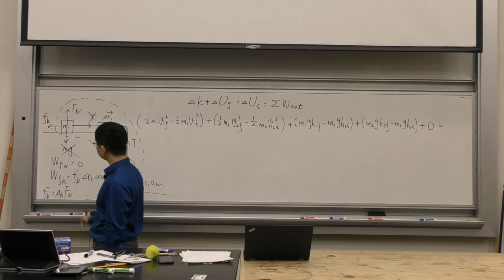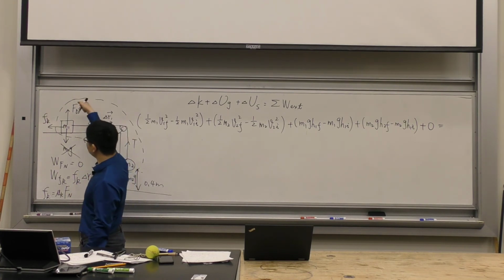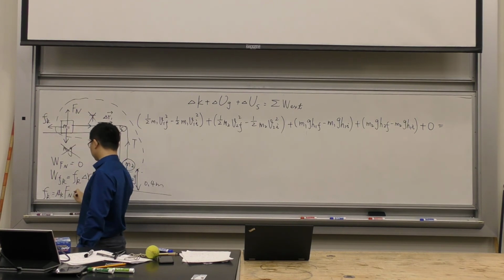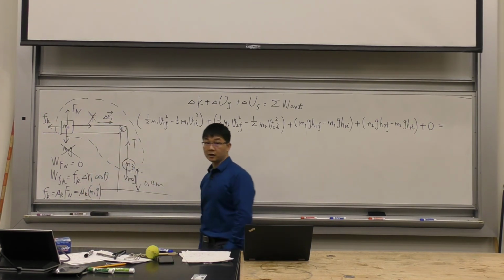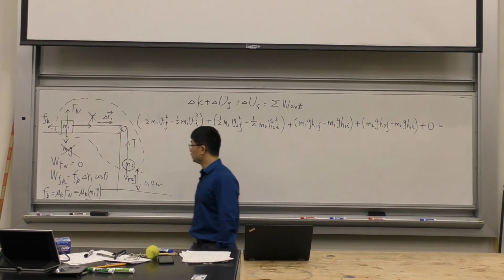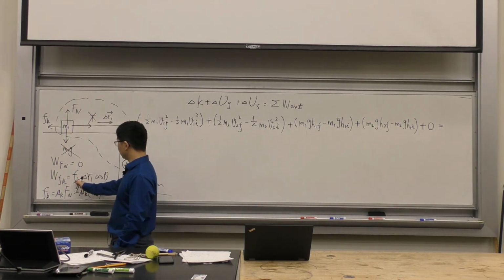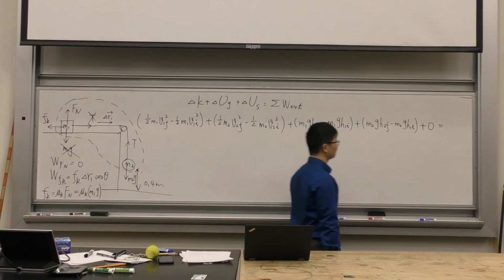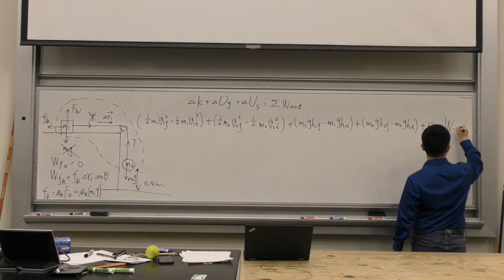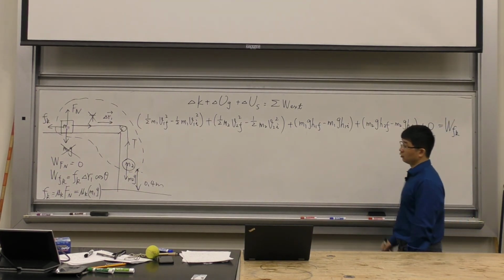And the normal force in this case is very obvious because in the y direction, I only have normal force and gravity, so they must be equal. This is how I'm going to calculate the kinetic friction on M1, and that's something I'm going to put on the right-hand side: the work done by friction on M1.